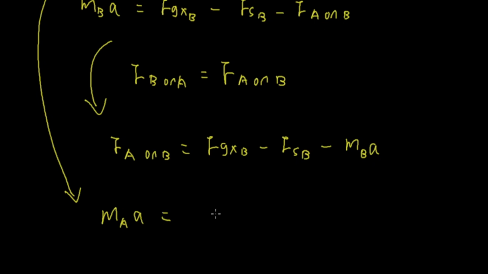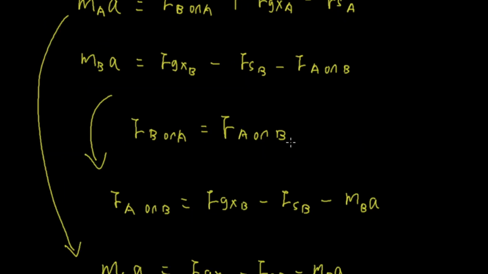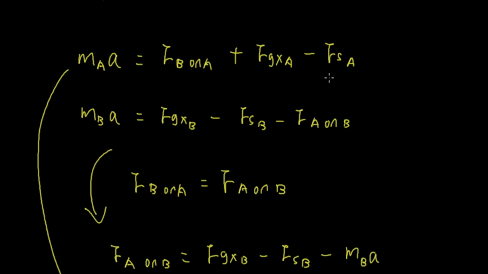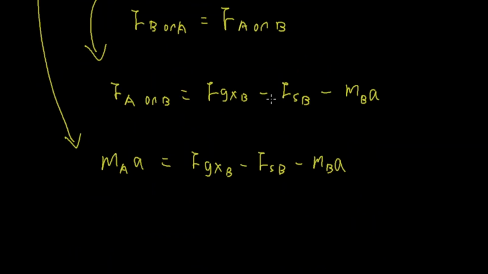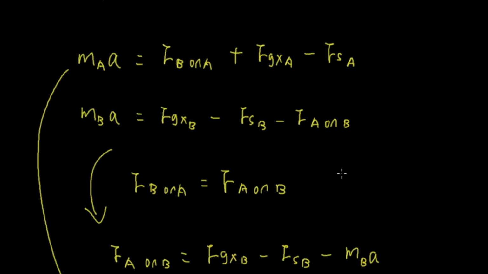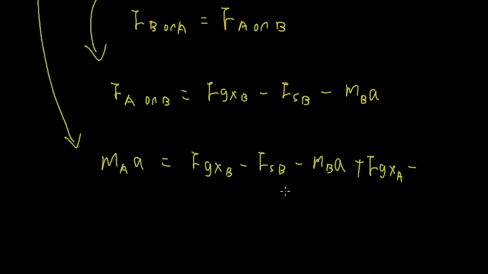So I will have force of gravity B minus friction force of B minus mass B times acceleration, right? So this plus this minus this plus force of gravity on A minus friction force of A, right? Yes.